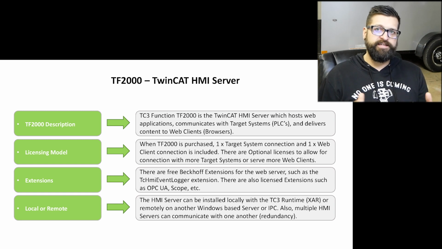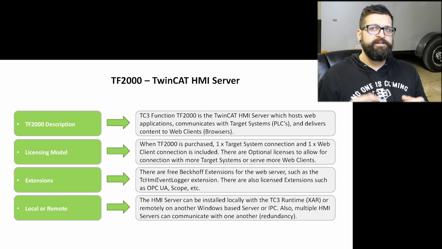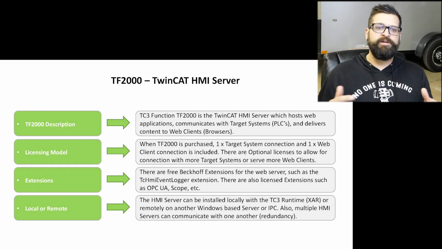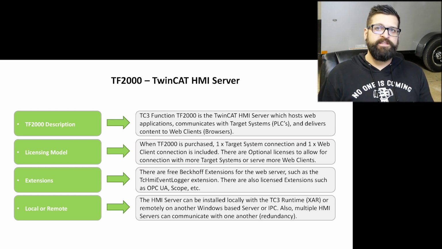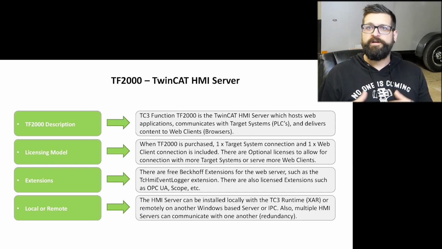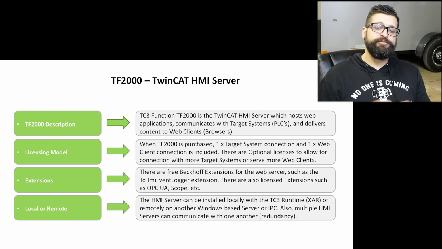The SQLite historize is a ring buffer that you can set up for each symbol, with how long you want to retain the data on that symbol and the interval at which you will record that data. Then you can use that in the web applications to show charts and trends, all these kinds of things for troubleshooting. It's really helpful, in my opinion, when you're in commissioning, to have a state machine where you can look at the states that your machine is going through. And those are free. The TcHmi event logger is free also.